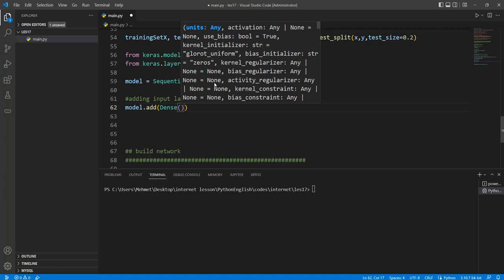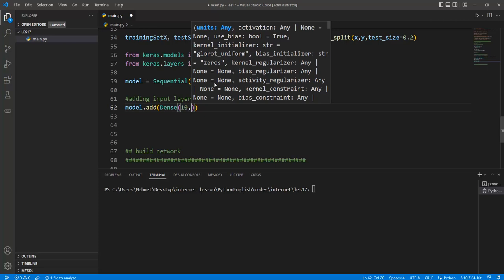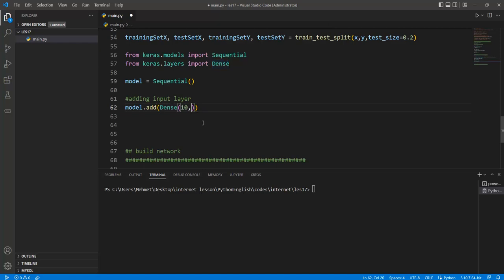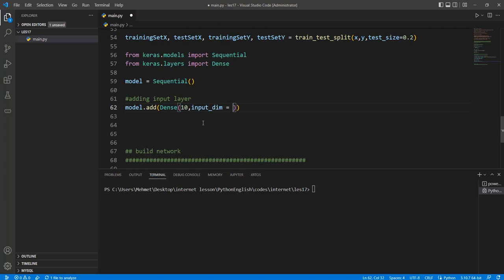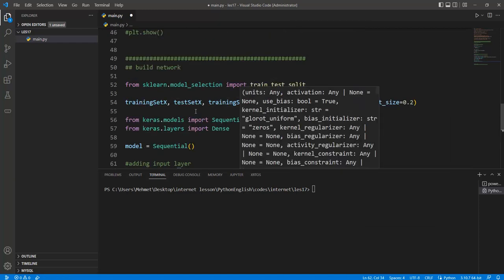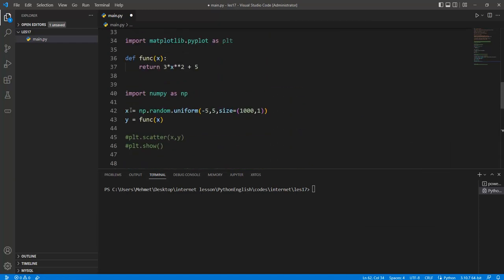The first parameter is related to the neuron numbers. 10 neurons can be utilized in this function body, but we should also give the input dimension. In this case, we have one variable, x.